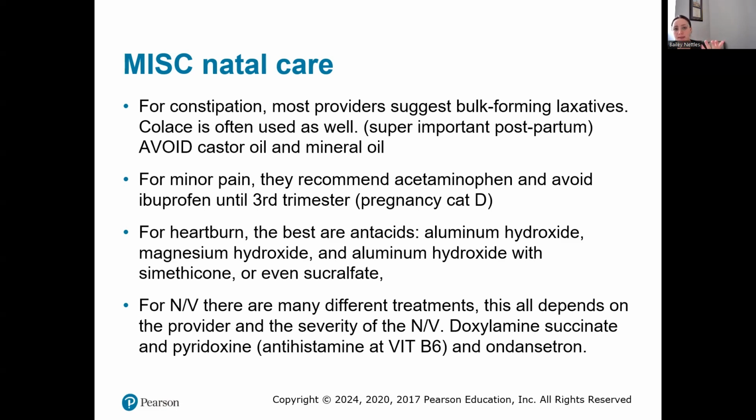If you have hyperemesis, they're gonna do something totally different. Okay. The fun thing is that vitamin B6, so doxylamine succinate and pyridoxine, which is vitamin B6, actually does help with nausea and vomiting in pregnancy, and it's a vitamin, so it's not super harmful to the baby or to the mom.